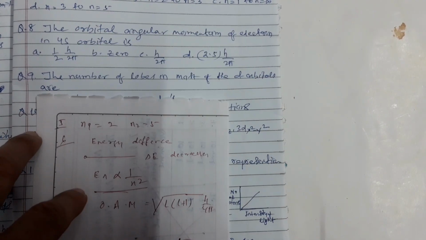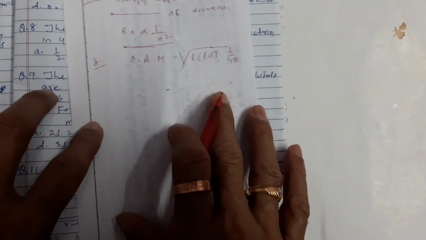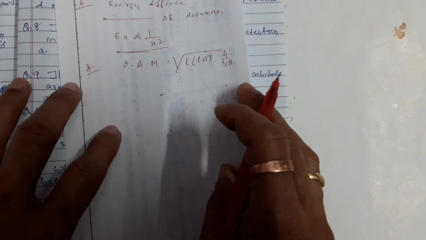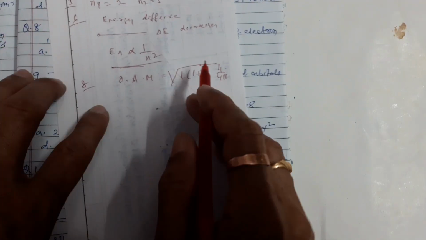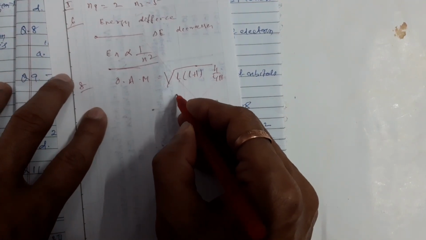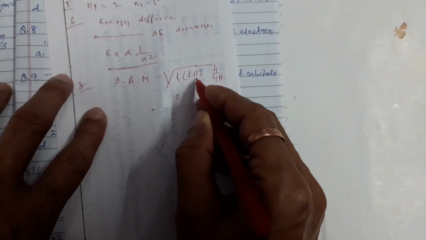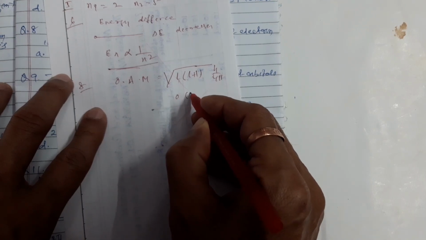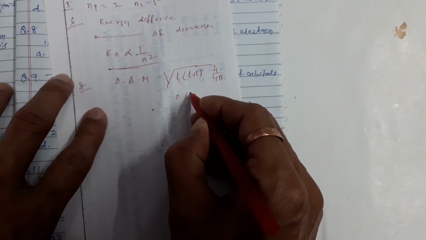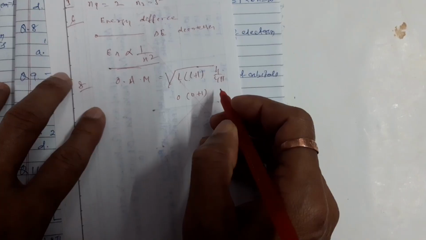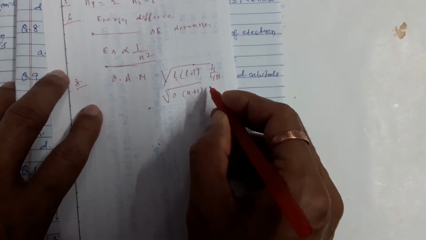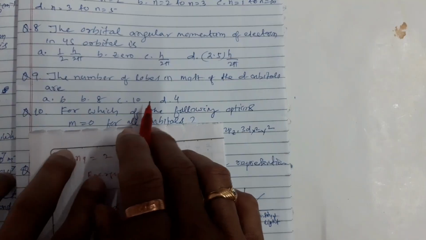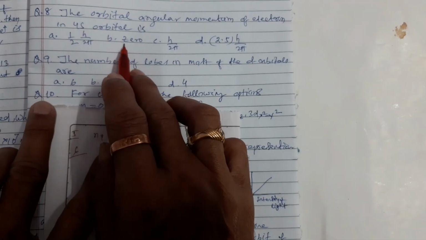For an s orbital, the l value is 0. So 0 multiplied by 0 plus 1 is 0, and 0 multiplied by something is 0. So here you will get 0. Choice B is the correct answer.